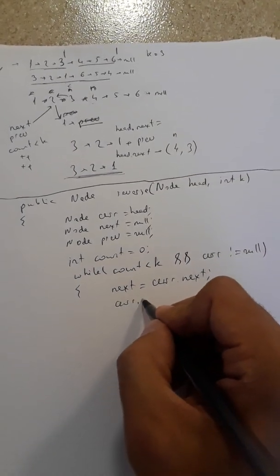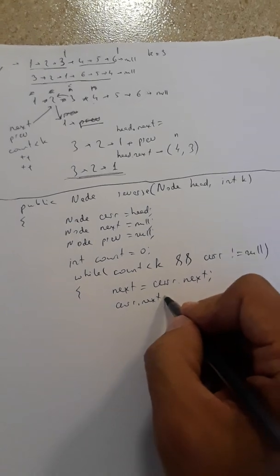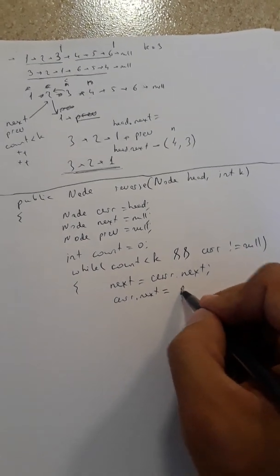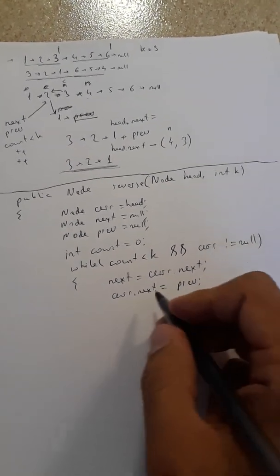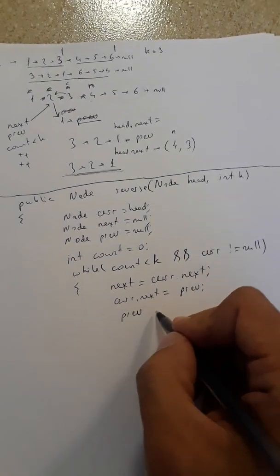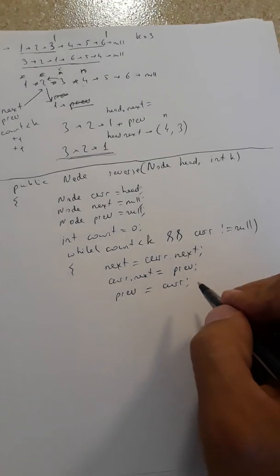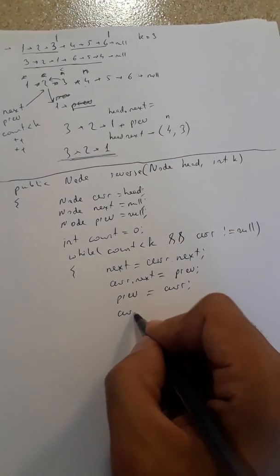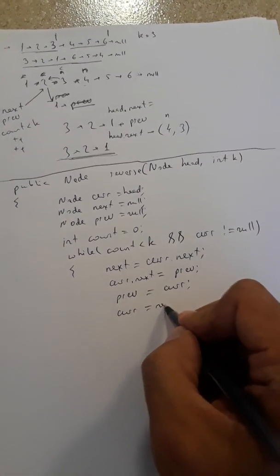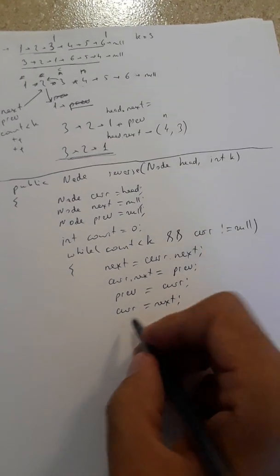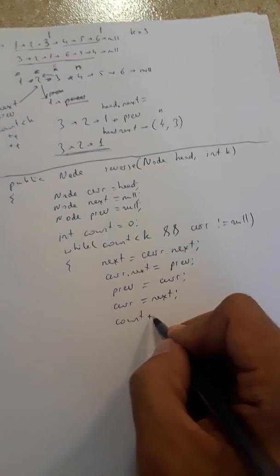Then our current next will change the pointer to the previous node. Then we will move our previous to current, and current will be equal to next. Then we will just increment the counter.